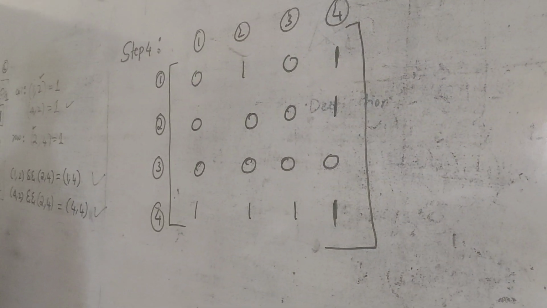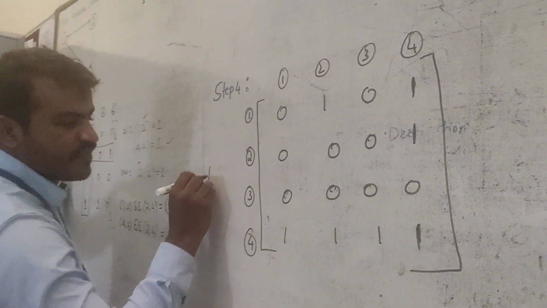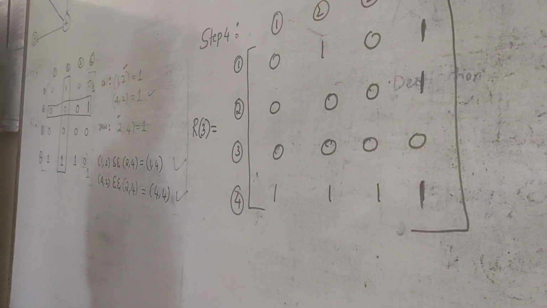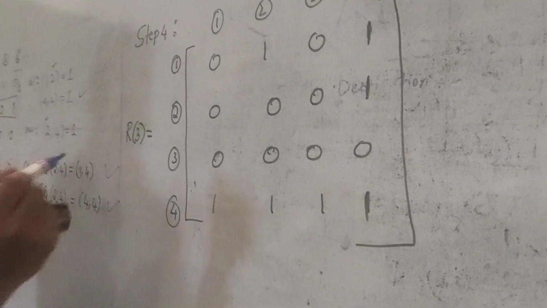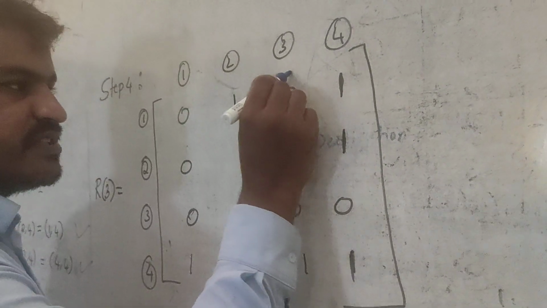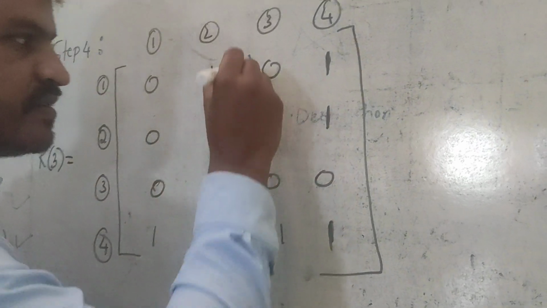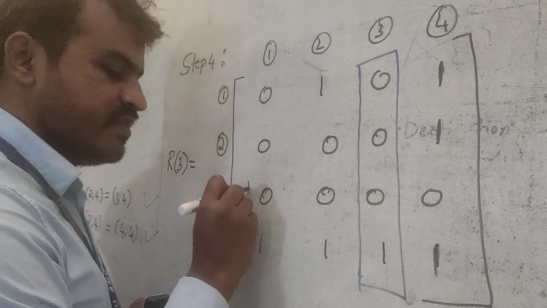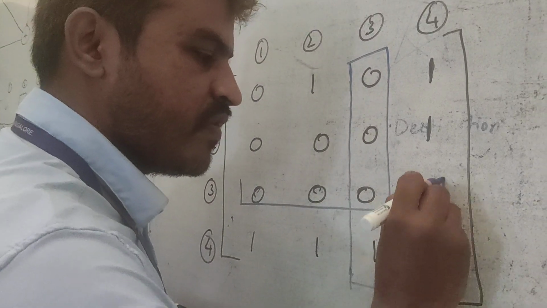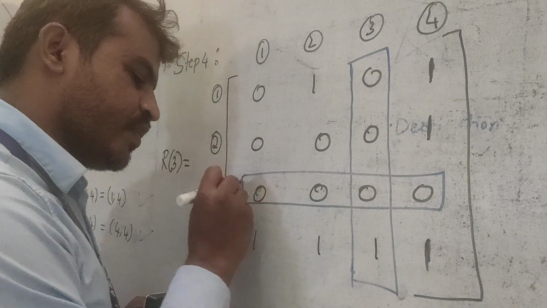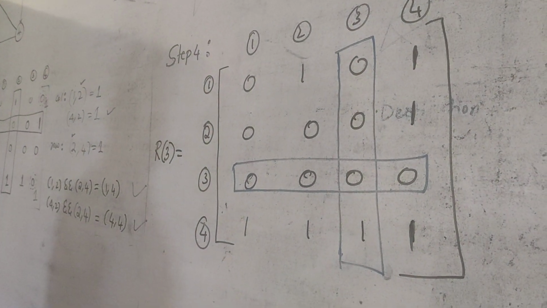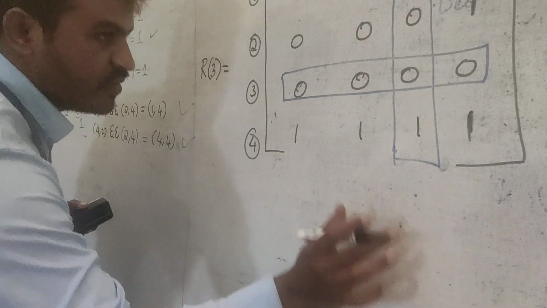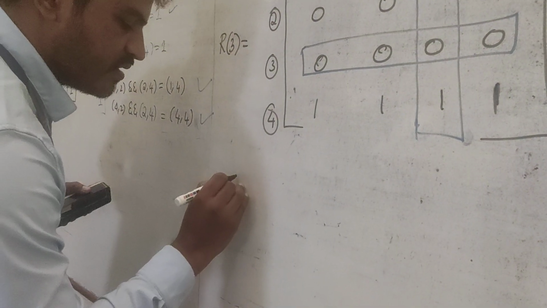Here R of 2, now R of 3: the third row and third column have to be selected. Here the third column is this one. Select the third row this way. First come for the vertical selection, the column selection.